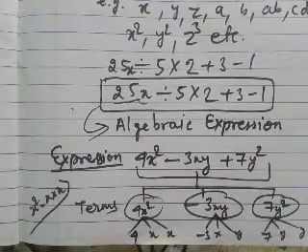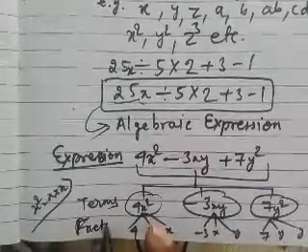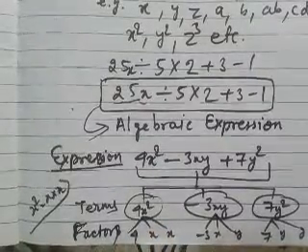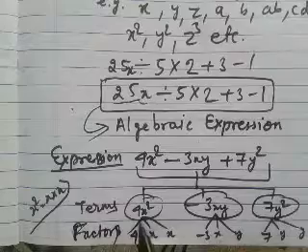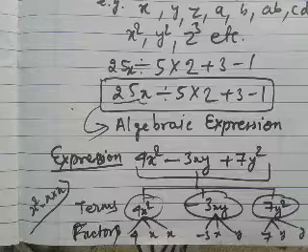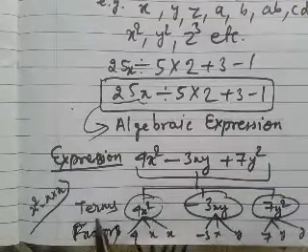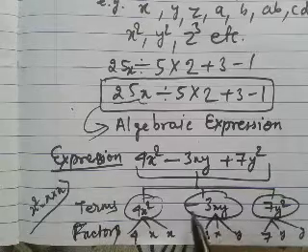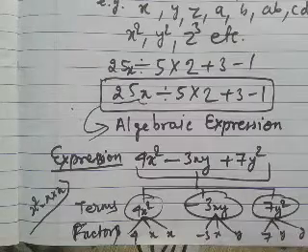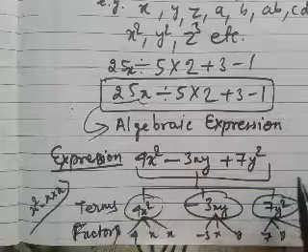These are called the factors of the terms. For example, if we ask what the factors of 4x square are, we can say 4, x and x. 4x square is one term, minus 3xy is a second term, and 7y square is a third term. So we can say that this algebraic expression consists of three terms.